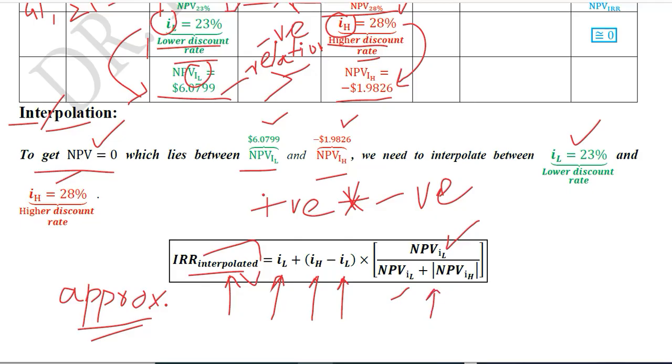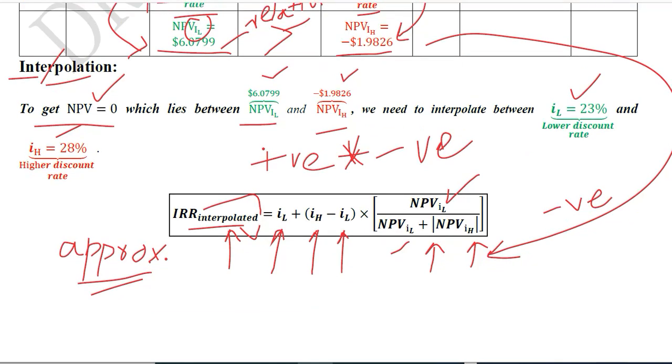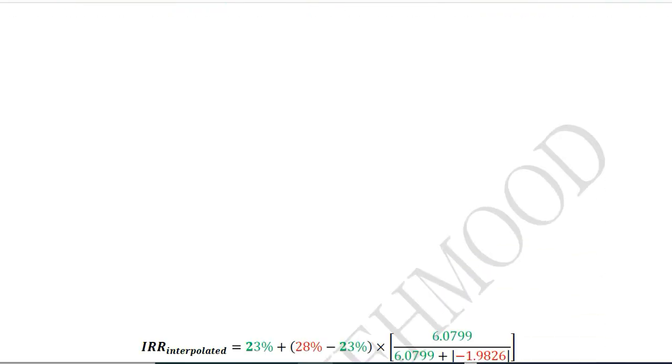You can see that the absolute signs are used. Why? Because the NPV at higher discount rate is always going to be a negative value, because between negative and positive values is the zero NPV that we are looking for. So naturally the NPV at higher discount rate will be negative. So this is the formula, and easily we can substitute the values and get to the answer.